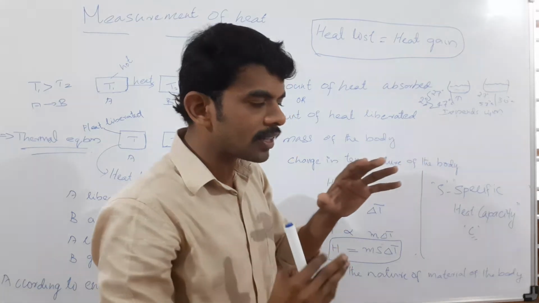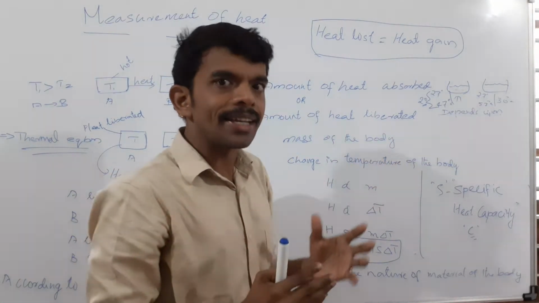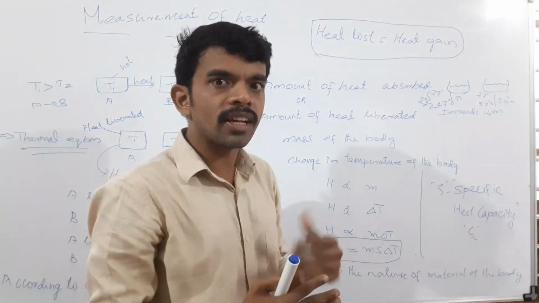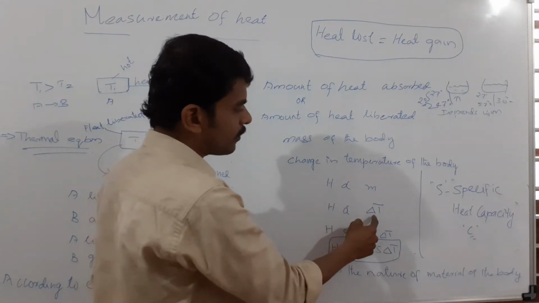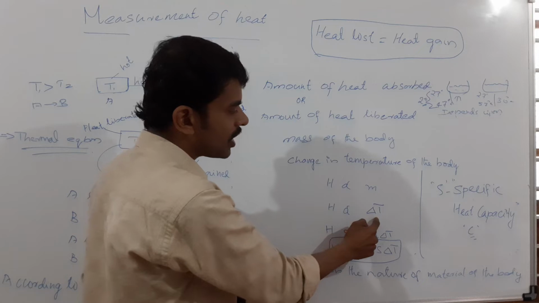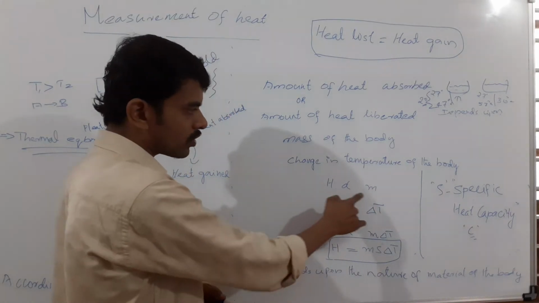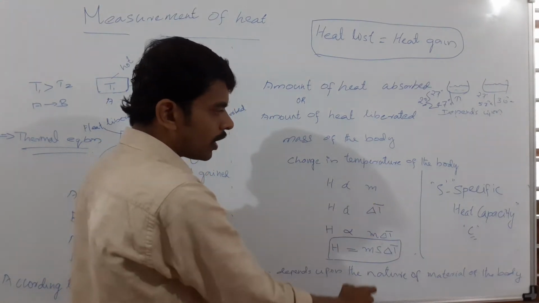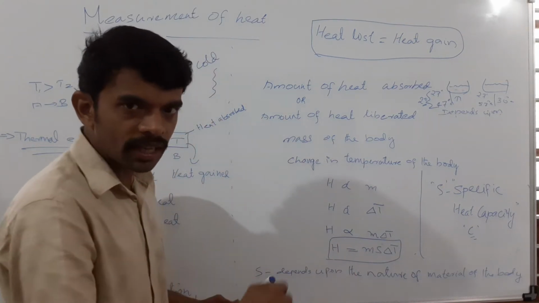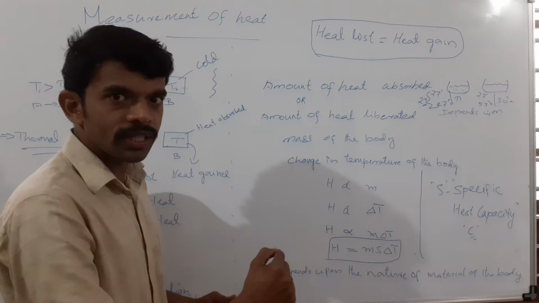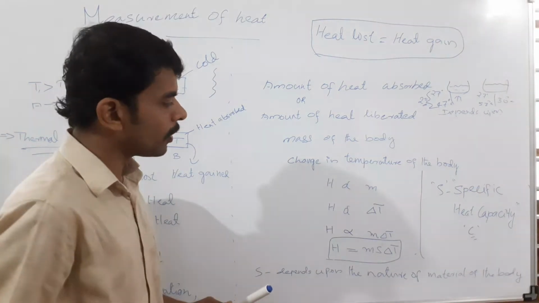So whenever the change in temperature is more, the heat energy liberated or absorbed will be more. The second factor influencing the heat energy is the change in temperature. So there are two factors: the mass of the body and the change in temperature of the body. Not the temperature of the body, but you have to say the change in temperature of the body.